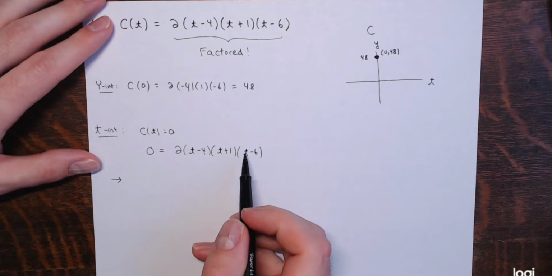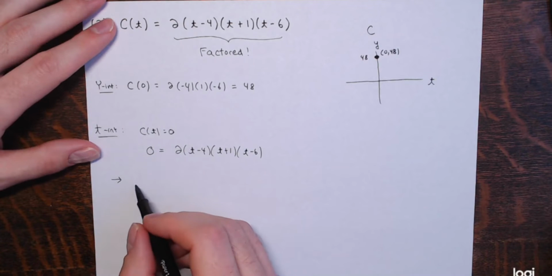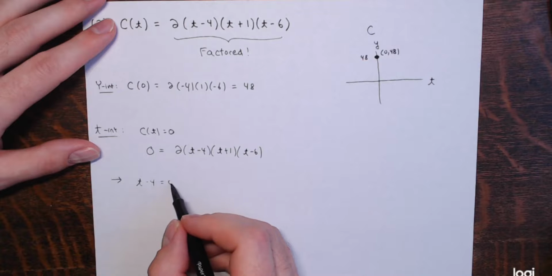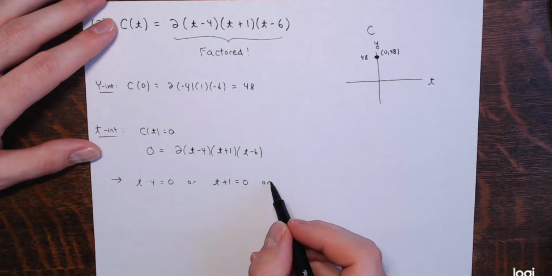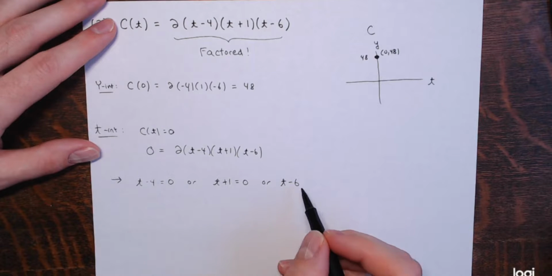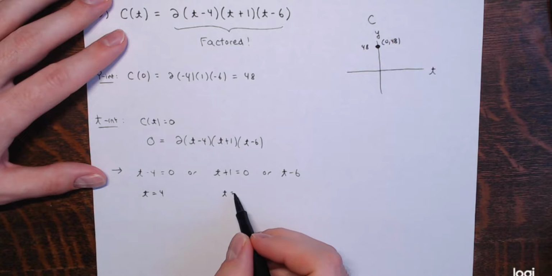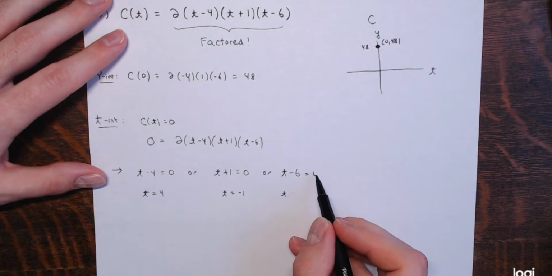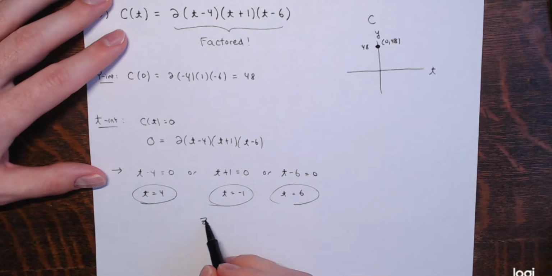Obviously 2 can't be 0, but either t minus 4 equals 0, or the factor of t plus 1 is 0, or the factor of t minus 6 is 0. And here we get our zeros: t equals 4, negative 1, and positive 6. And here are what are called the zeros of this function, or the roots. Zeros or roots.